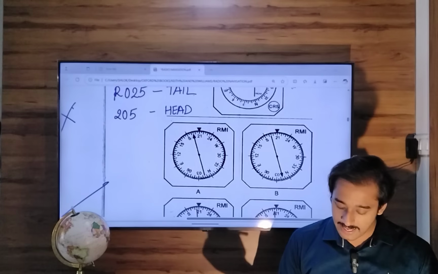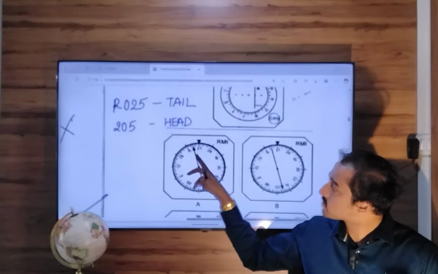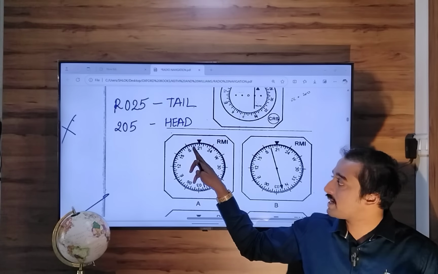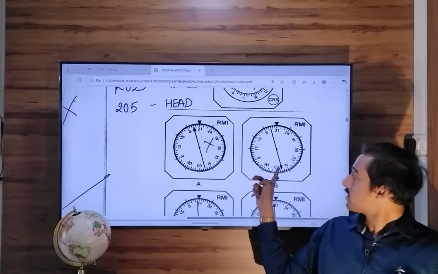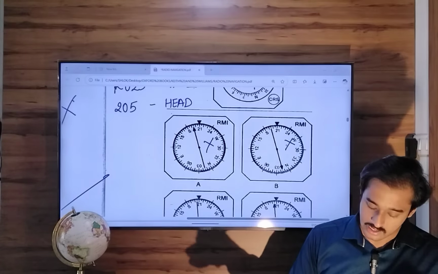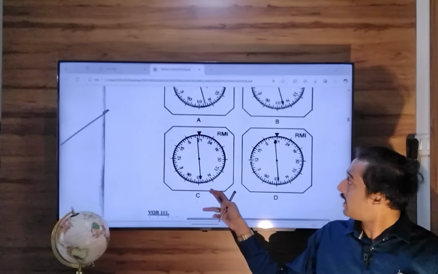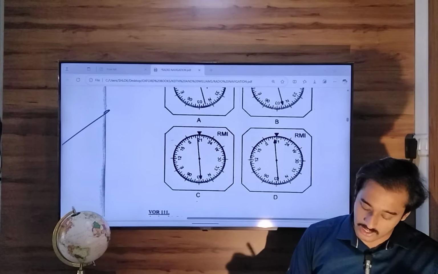So now in option A, the head should point towards 205. Over here it is pointing at 195. So eliminate option A. In B, the head is pointing at 015. So that is wrong. Charlie, the head is pointing at 025. So that is wrong.